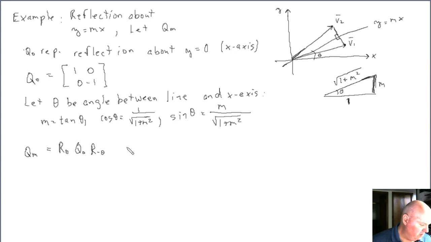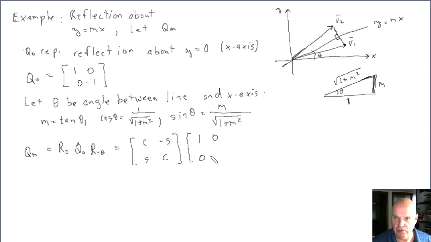And I've already found all of these, right? So these are, for example, using my shorthand notation, cosine minus sine, sine and cosine. This is for the rotation by theta. Q0 we have as 1, 0, 0, minus 1.